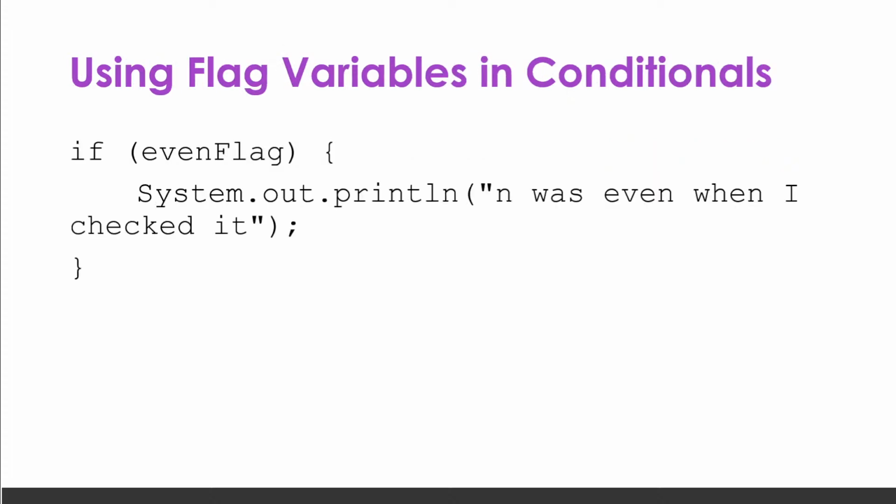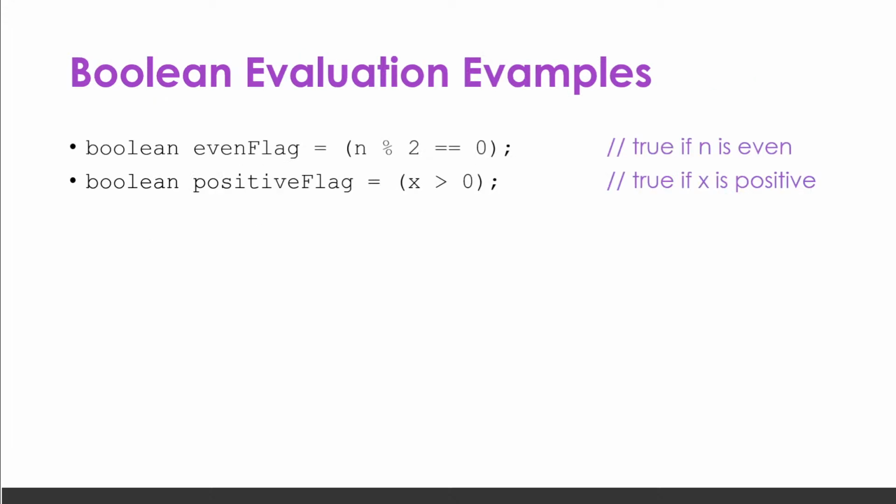If I were to use a flag variable in a condition, I can say if even flag. This way the condition is being checked not in the if statement, but in the Boolean variable where we did the evaluation from the previous screen. Boolean positive flag if x is greater than 0.